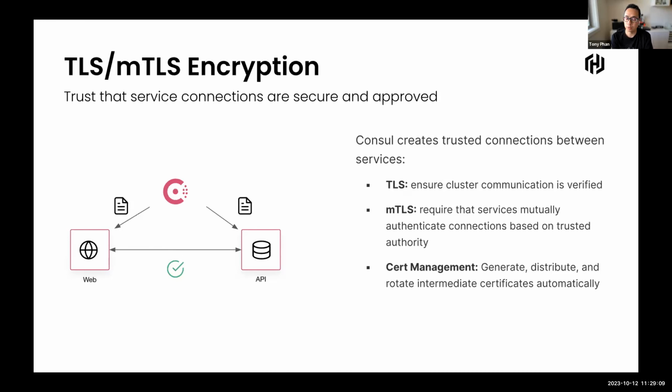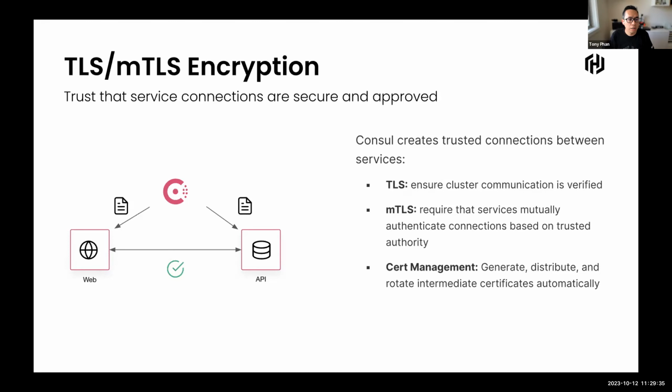And then Consul will automatically rotate that certificate as well. We use that certificate to establish MTLS between services. So it's good to have this capability to continuously rotate and manage that certificate rotation for services. It removes that overhead from application teams.